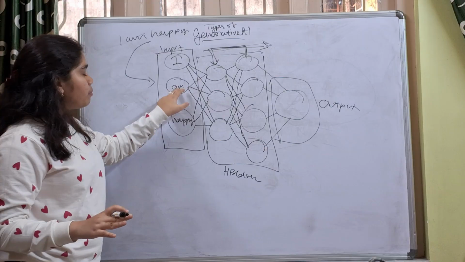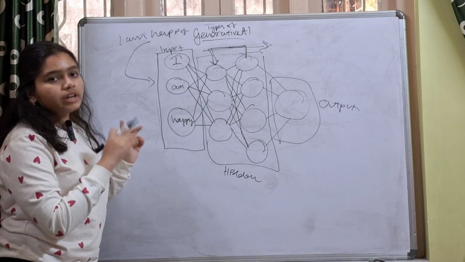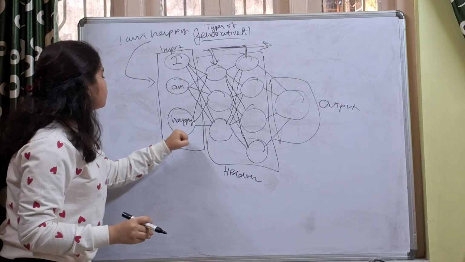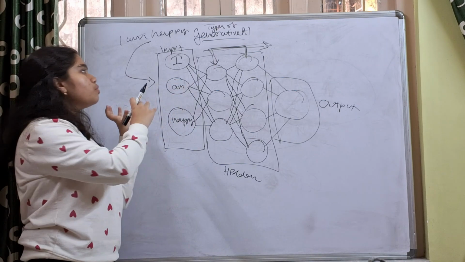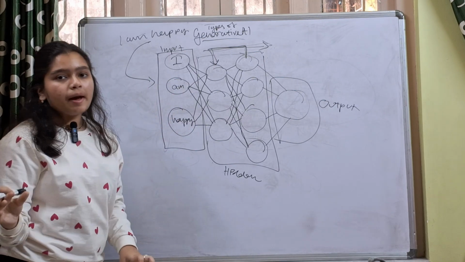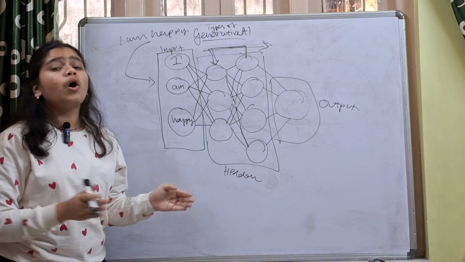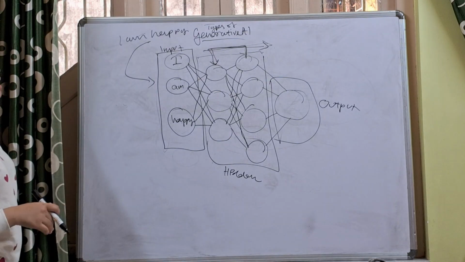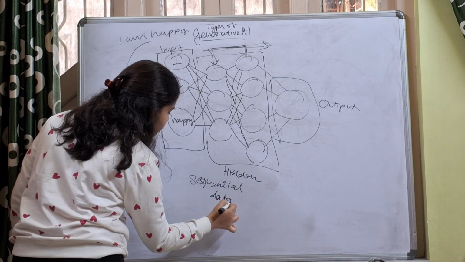It processes am and it recurs to I. So in the memory it becomes I am, and then when it processes happy, the memory has I am, and it recurs to I am. So it becomes I am happy. Everything has a connection, so order is maintained. That is why a recurrent neural network is used to process sequential data.